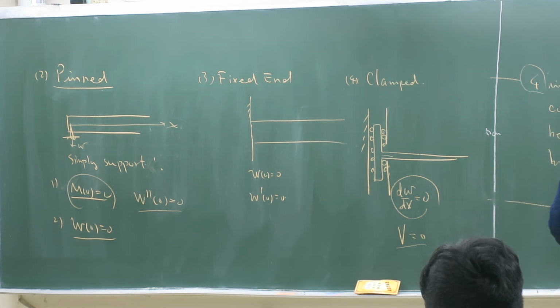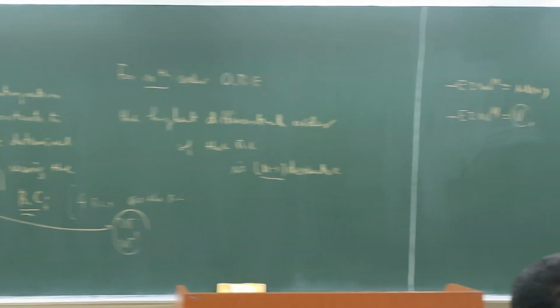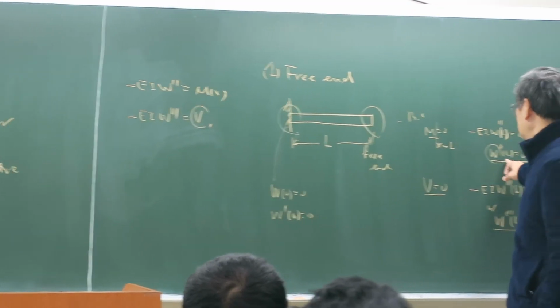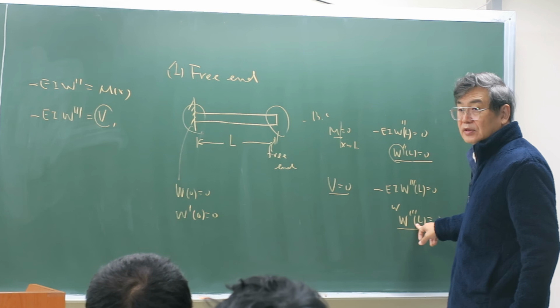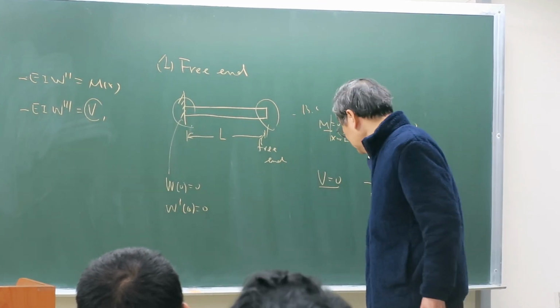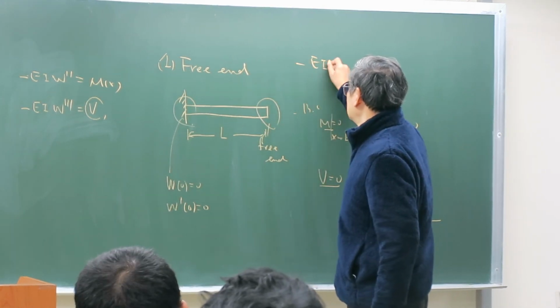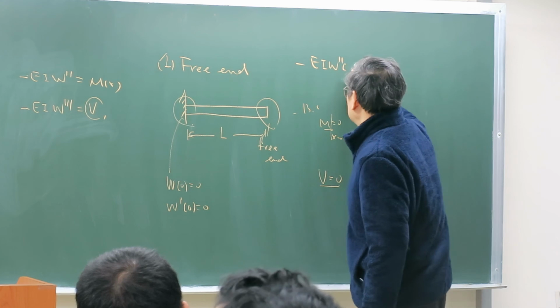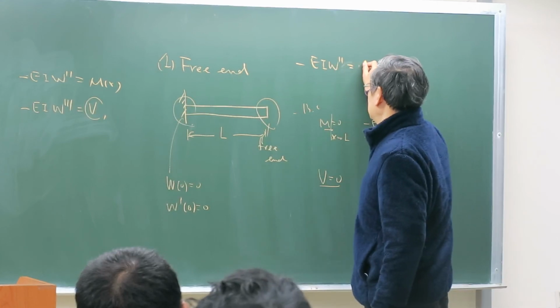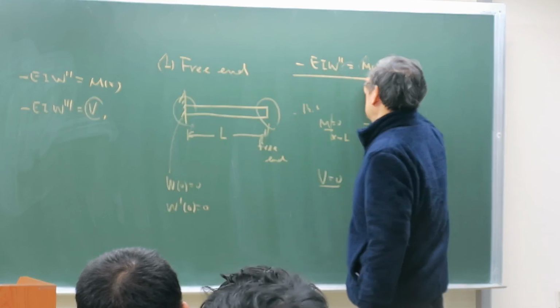So yeah, if you use a moment here, you cannot use this kind of boundary condition because the boundary condition here is second order and third order. If your boundary condition is EI W double prime equal to moment, okay.